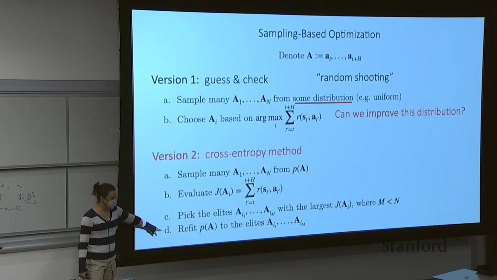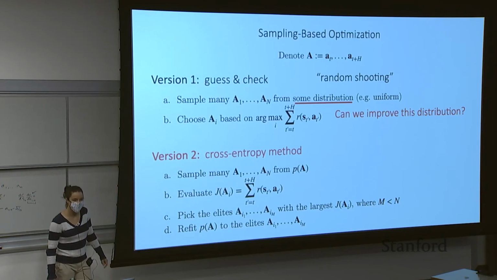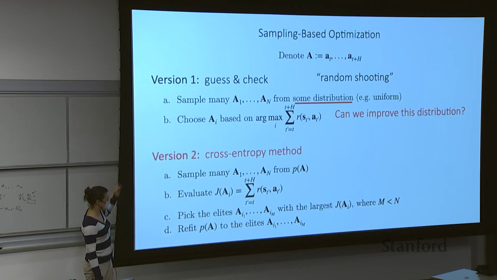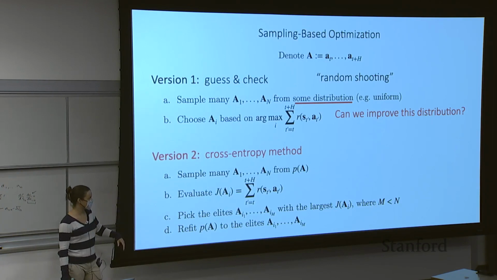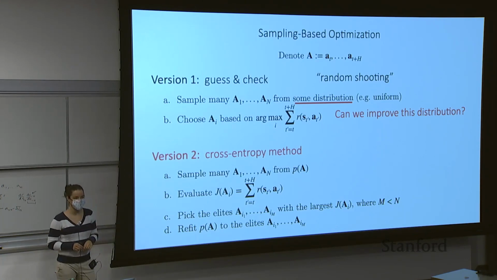This is probably the most complicated step, but once you do this, then you just resample from that distribution and repeat. There are also more advanced methods for sampling-based optimization, called evolutionary methods, and a method called CMA-ES. But it turns out that in a lot of cases, these two approaches aren't as bad as you might think.